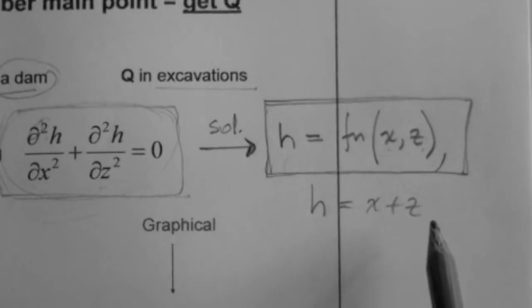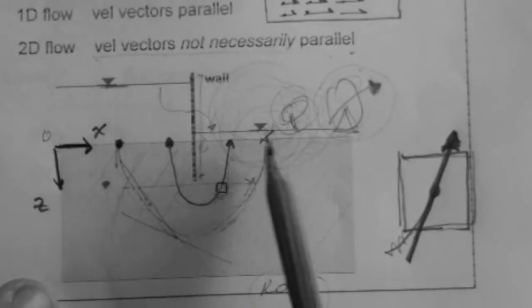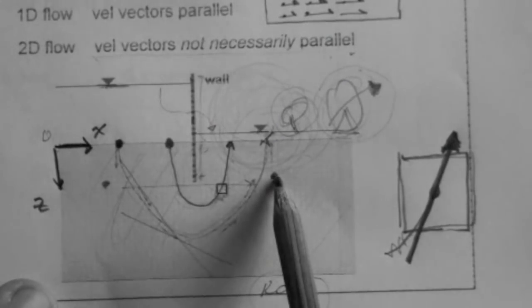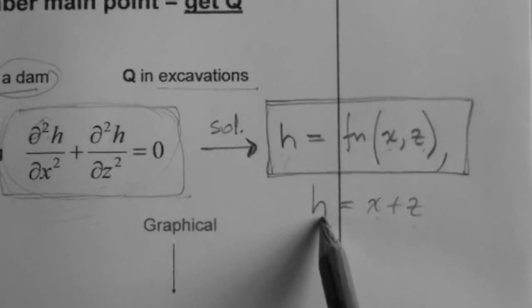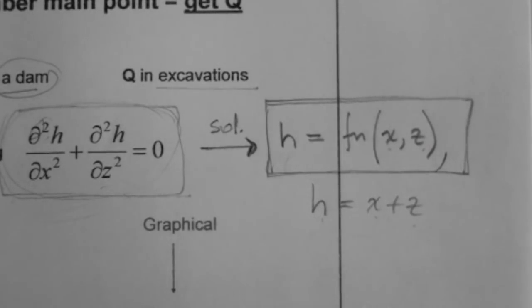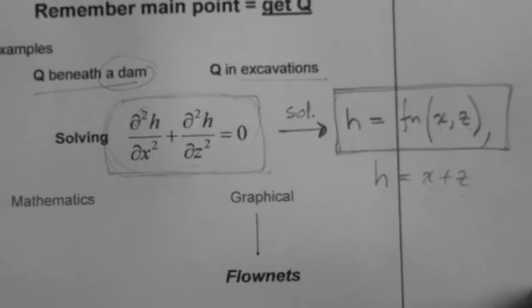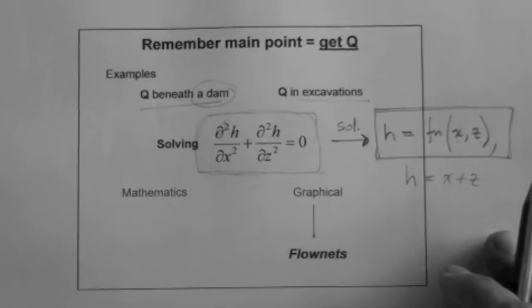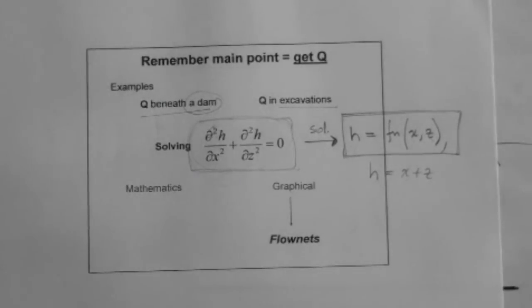Then for this point that we just talked about, x equal to 50, z equal to 10, 50 plus 10, 60. That means that the head at that point is 60. Okay, now how does that help us? This helps us because if we know the head at a point and the head at another point, then we can describe the flow from that point to the other.